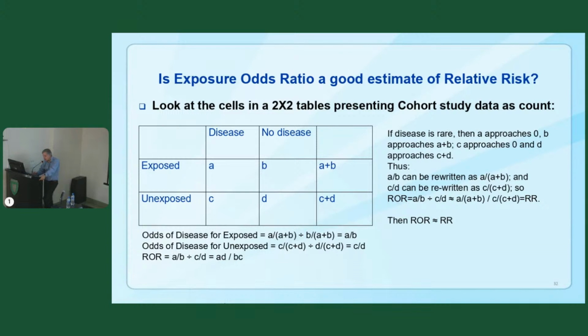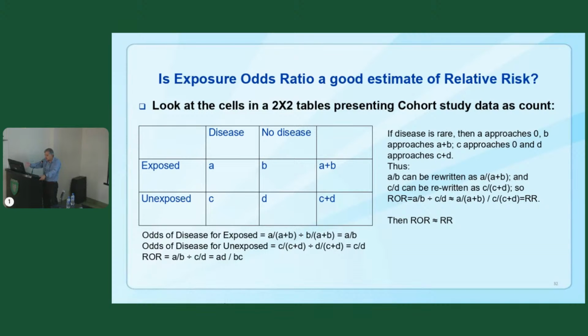Okay, and A divided by A plus B is the risk. This is a cohort table, folks. See the name here. Look at the cells from cohort study. So they become the same. So if I do the odds ratio, risk odds ratio in this case, and the risk ratio or relative risk, it is going to give similar numbers.